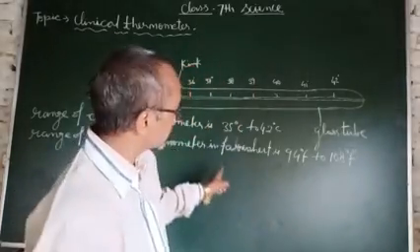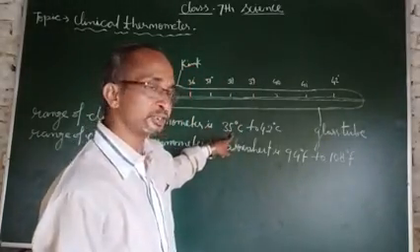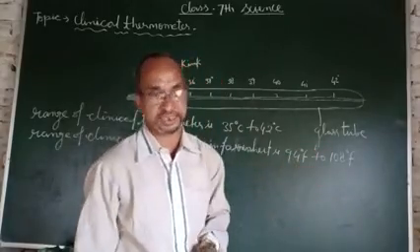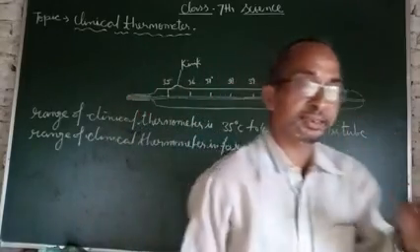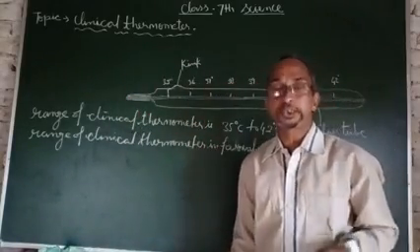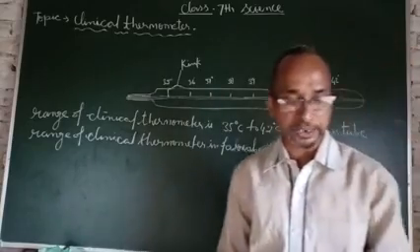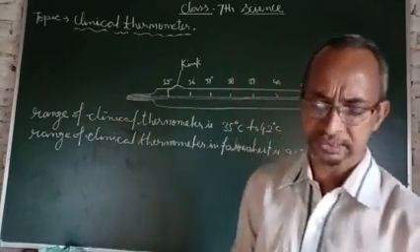Both are the same value: 35 degrees Celsius is equal to 94 degrees Fahrenheit. So this is the clinical thermometer, which is used for measuring the temperature of the human body.